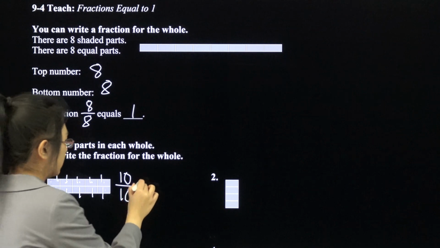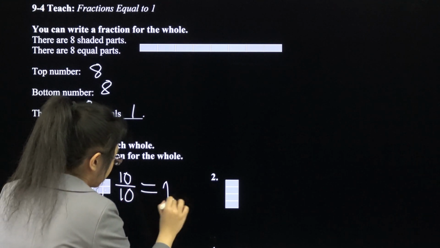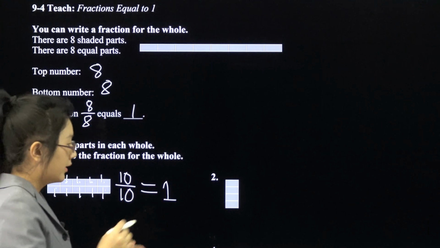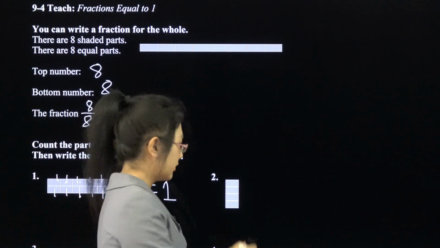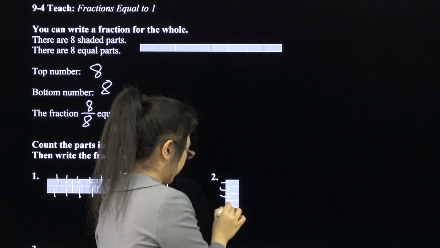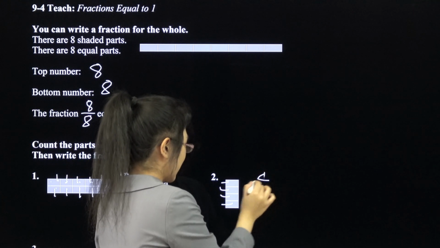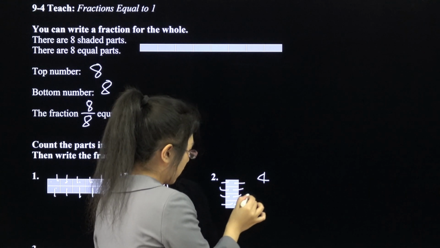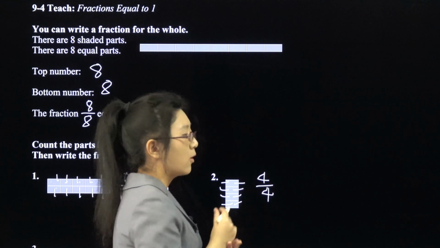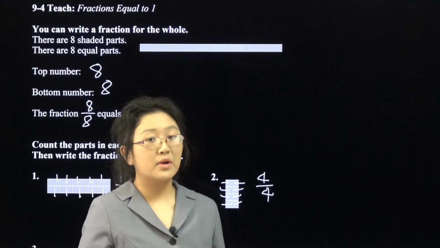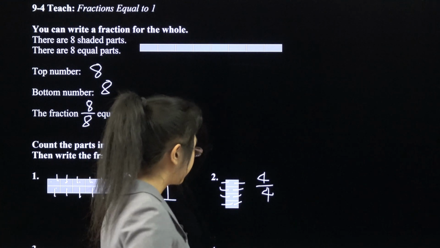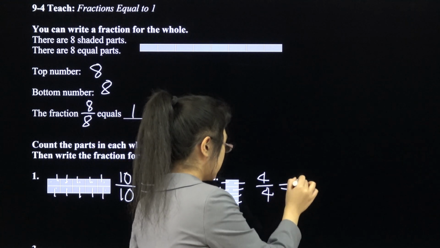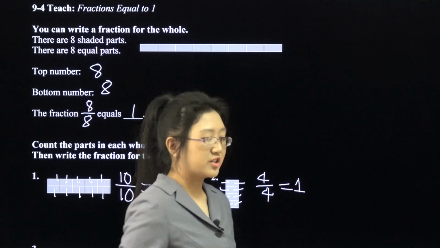The numbers are the same. 10 over 10 is equal to 1. Here, there's 4 shaded parts and 4 total parts. 4 over 4. The top number and the bottom number are the same, which means that the fraction is equal to 1.